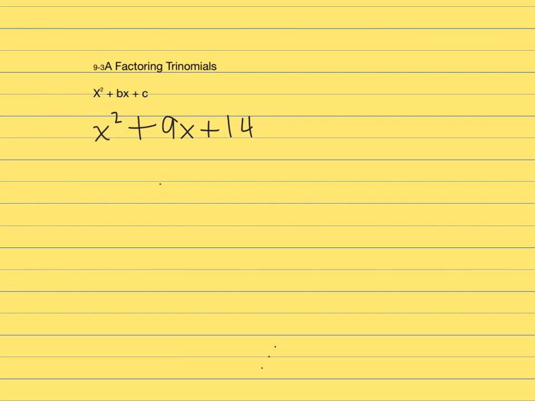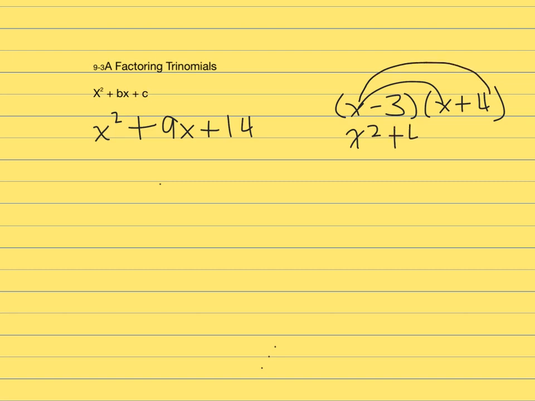If you remember before, whenever we would foil something, and let's just pick something here to foil. If we did this, we'd have x squared, which is our first two multiplied together, and then we will do our outer two, which will be plus 4x, and then our inner, which is minus 3x, and then our last, which is negative 3 times 4, which is negative 12.